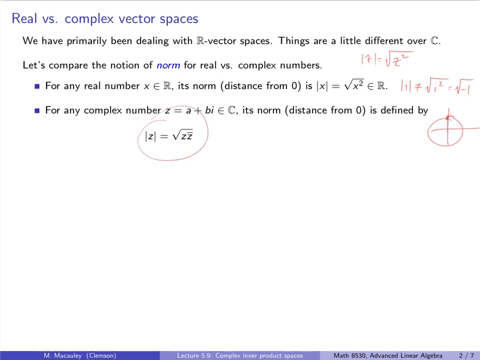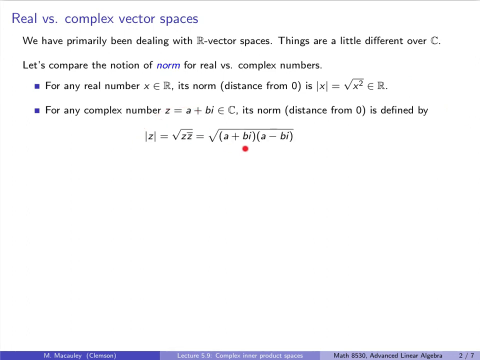It's the square root of z times z bar. That is the square root of a plus bi times a minus bi, and that's just the square root of a squared plus b squared. So remember, in the complex plane, if z is a plus bi, then its complex conjugate, z bar, is a minus bi, and angles add and lengths multiply.